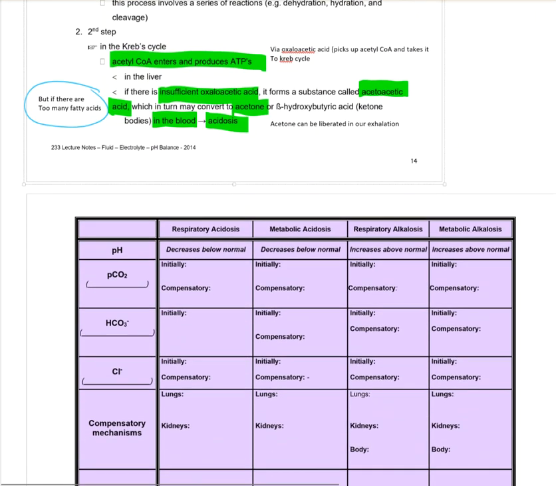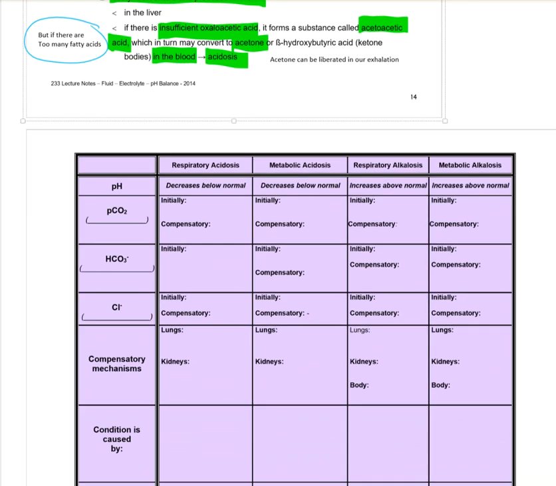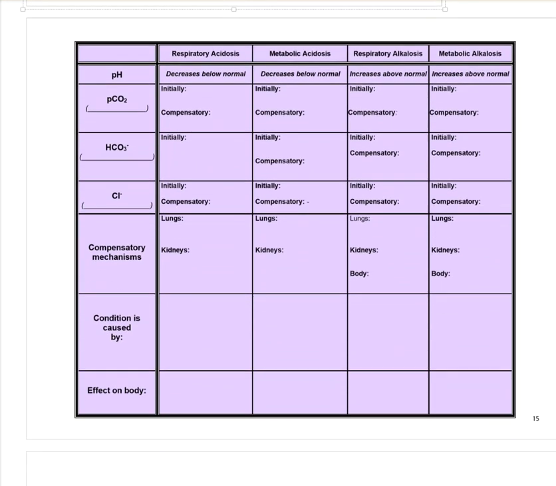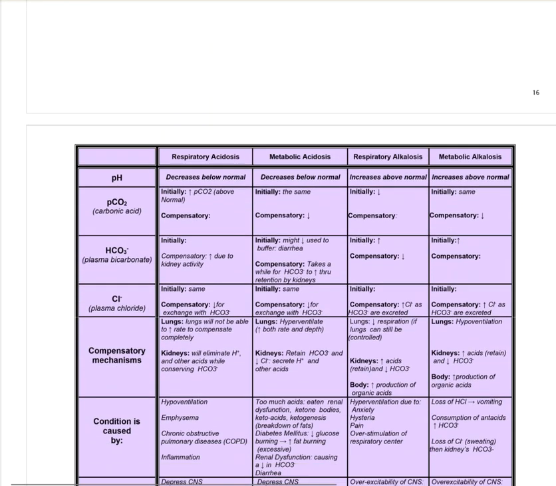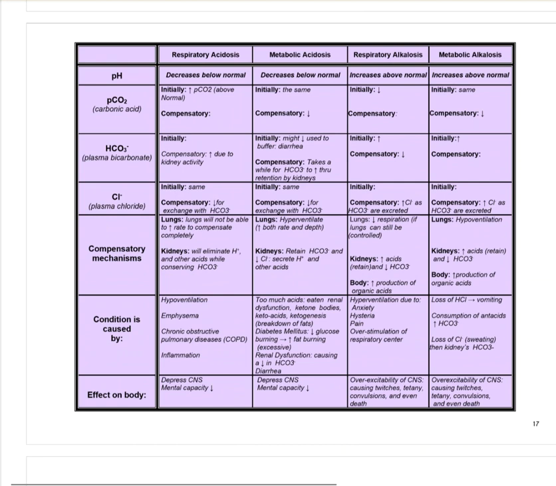All right, so last thing, we have a 2-page sheet here. This one is blank. This one has the 4 different acid-base disorders: respiratory acidosis and alkalosis, metabolic acidosis and alkalosis. It gives you the ability to fill in some things here about the different concepts. And if we look here, here are the answers.